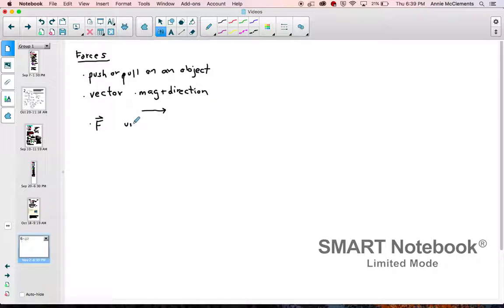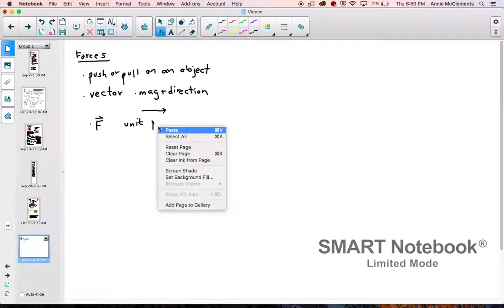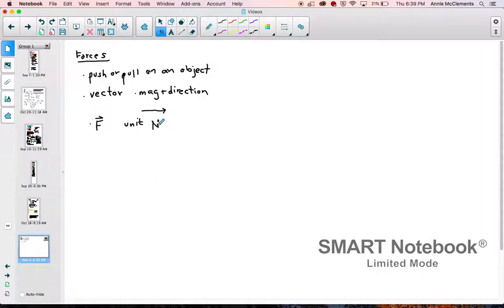The unit for forces is a Newton, named after Isaac Newton, who's pretty famous for a couple laws that we'll talk about shortly around forces. A Newton equals a kilogram times a meter divided by a second squared.